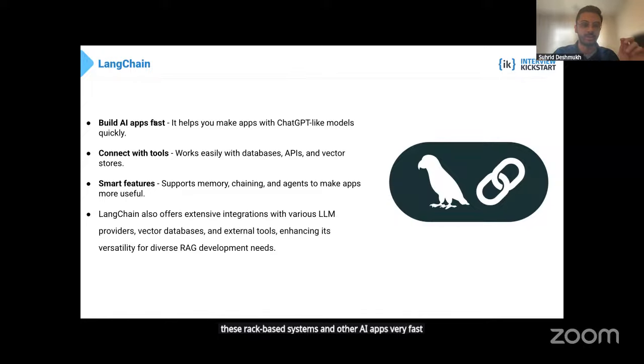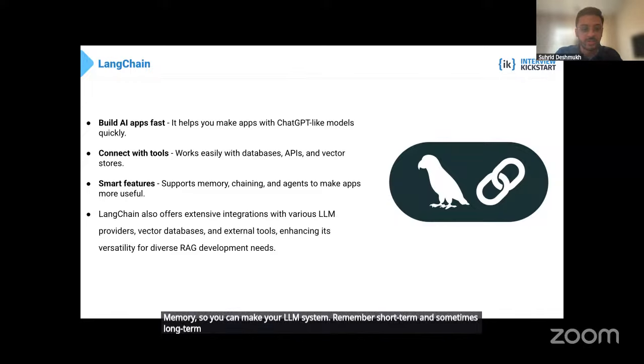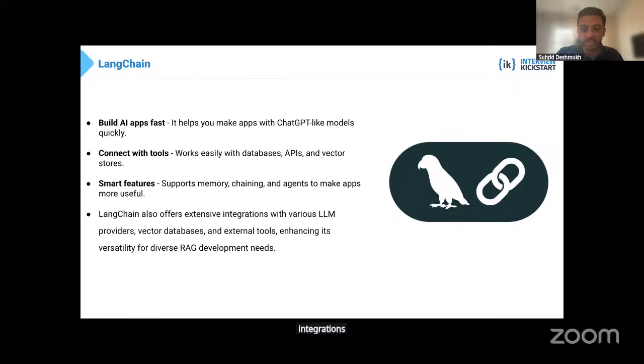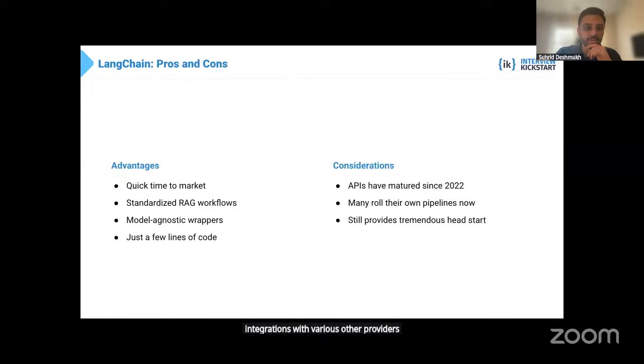It has access to multiple databases and APIs and vector stores that you can easily integrate. It supports memory, so you can make your LLM system remember short-term and sometimes long-term conversations. And it also has integrations with various other providers of these systems.